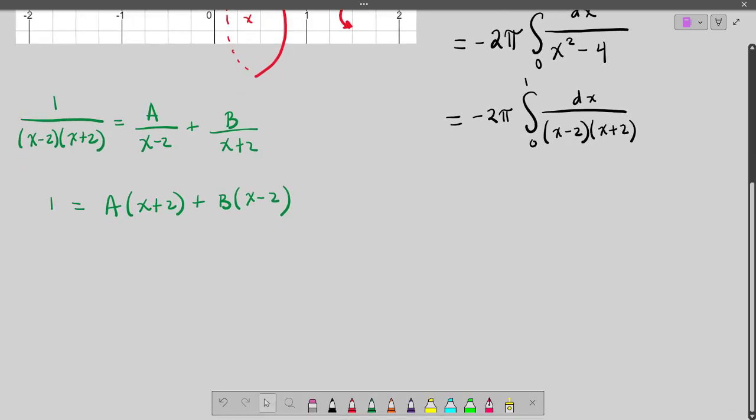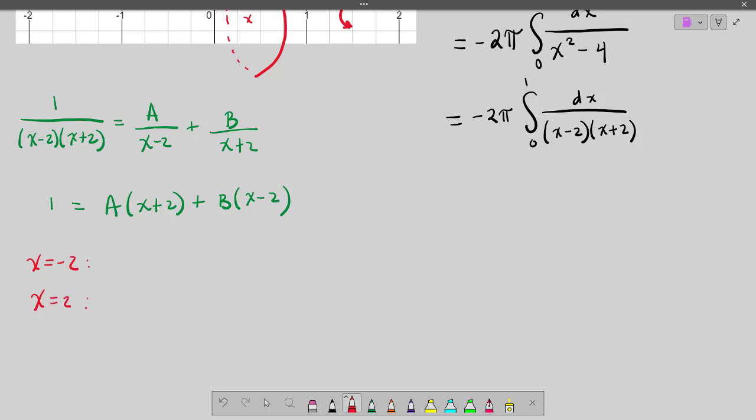So we have that. Convenient value or traditional? We got two linears, so might as well go convenient value. Yeah, that's going to be a little quicker. So our two convenient values are x equals negative 2 and 2.